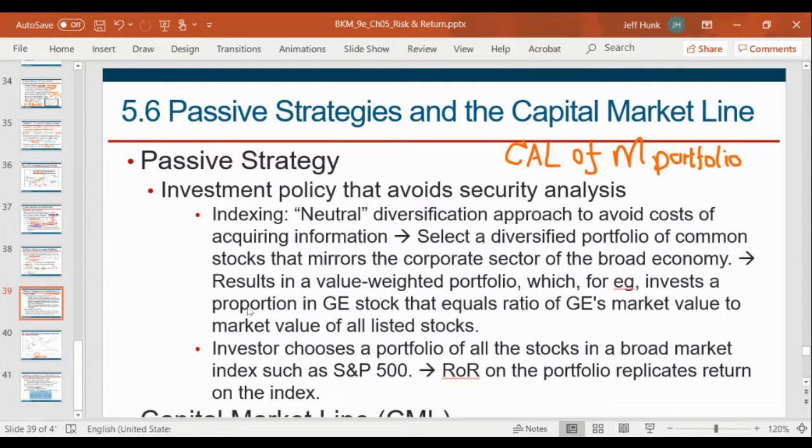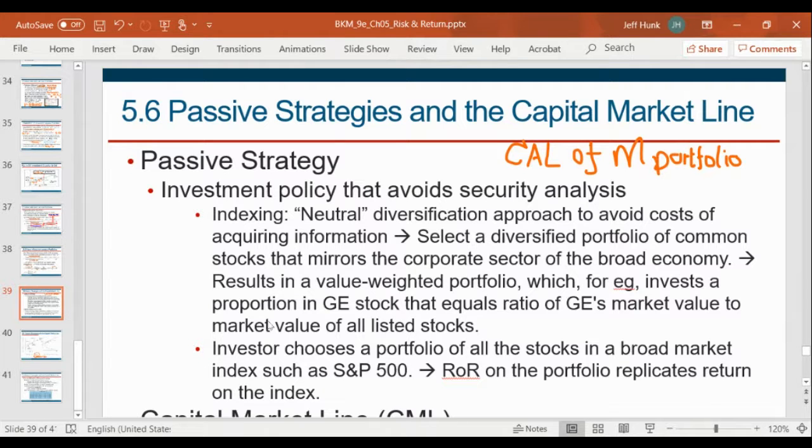So you exactly mirror that, replicate that weight, and you have replicated the S&P 500 market portfolio, right? If you do that, you take exactly as much risk as the market. In other words, beta will be 1, and your return will be exactly the market return.